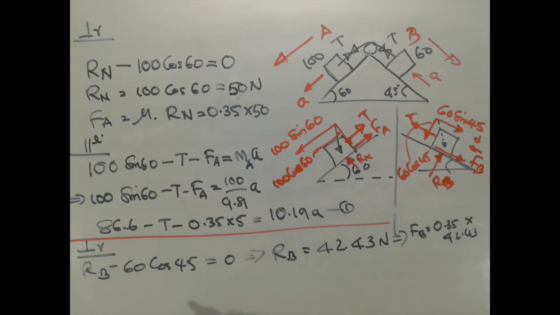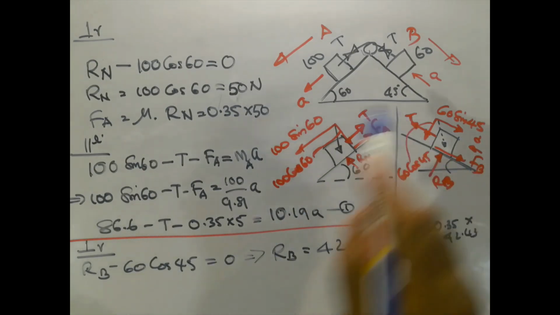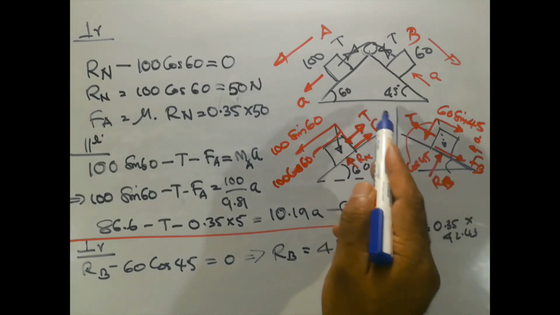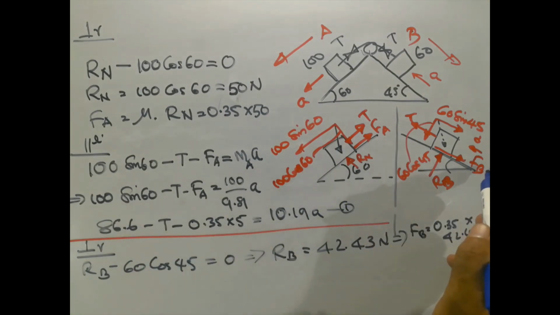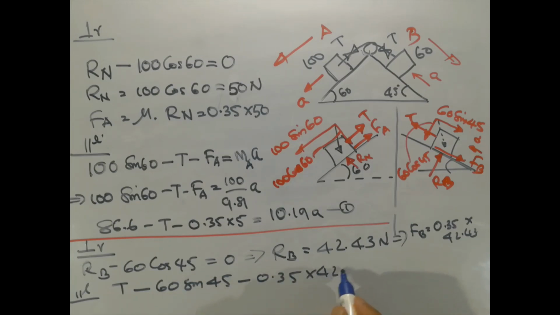Then when we consider the forces parallel to the plane, parallel to the direction of motion, if this body is moving upwards, T will be positive, and 60 sine 45 and FB will be negative. So the net force will be T minus 60 sine 45 minus 0.35 into 42.43 equal to MB, because it is moving in that direction, so we have to apply Newton's second law of motion.